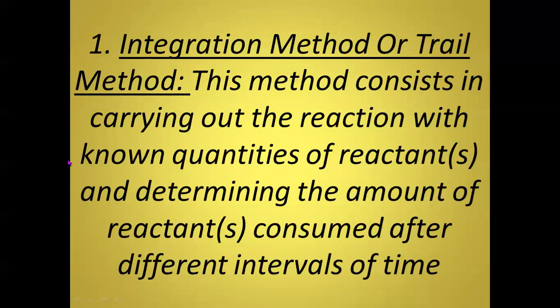And when we mix the reactants, we will decide after how many seconds or minutes we will check the concentration, how much concentration is consumed or reacted, so what will be the remaining concentration. That may be like 5 minutes duration or after 10 minutes each.